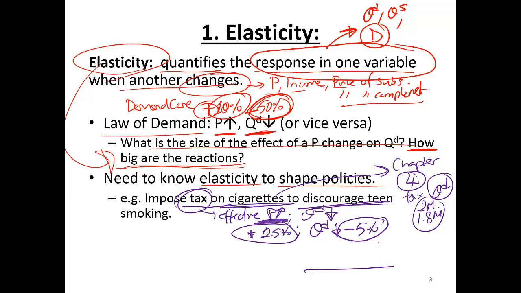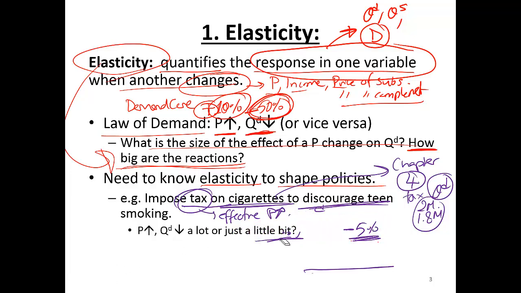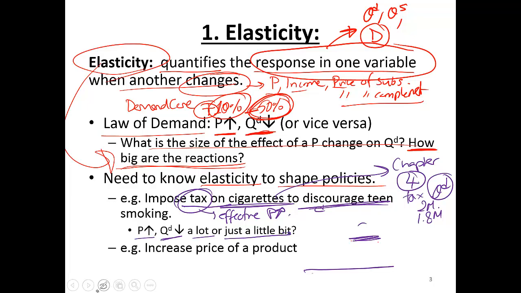You're increasing the price of smoking by 25%, and people are dropping their consumption, yes, but by only 5 percentage points. That's very low. So the question is, I'm increasing the price of cigarettes. Will quantity demanded go down a lot or just a little bit? That's the main question.